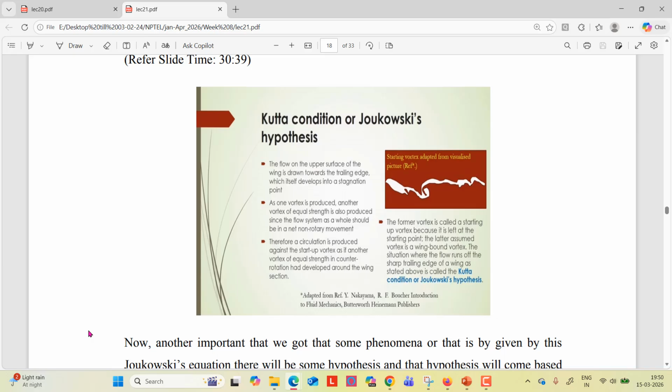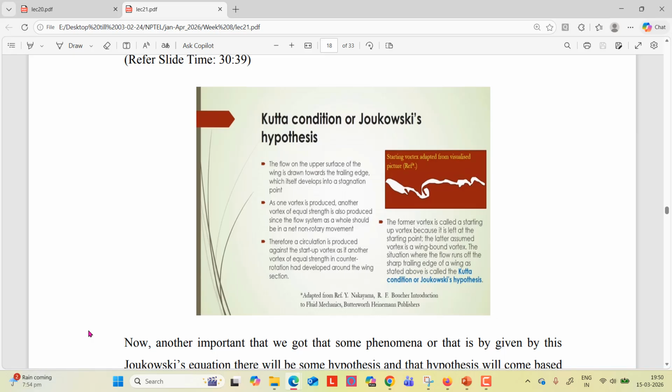The net movement should be non-rotatory. So if a vortex is generated clockwise, then an anti-clockwise vortex will definitely be generated. The former vortex is called the starting vortex because it is left at the starting point. The latter assumed vortex is the wing-bound vortex.